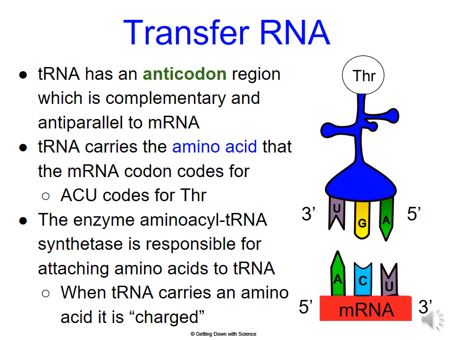Basically what we're saying is it is ready for this process. We've got all the pieces put together and we're ready to go. That's what we mean when we say it's charged. Okay, so see the anticodon, and here's our codon. Notice they complement each other. And they code for a specific amino acid.